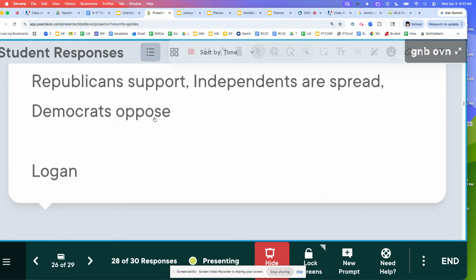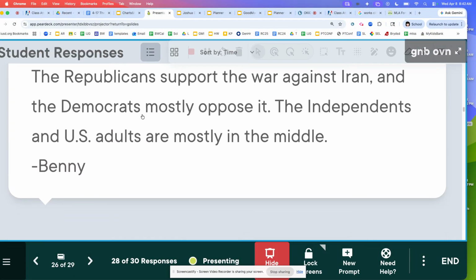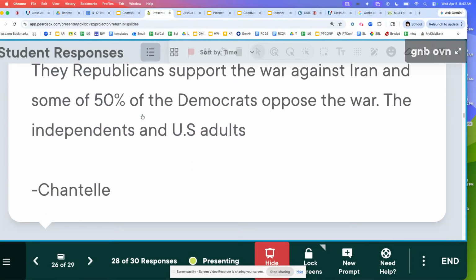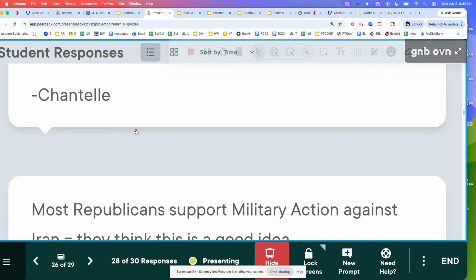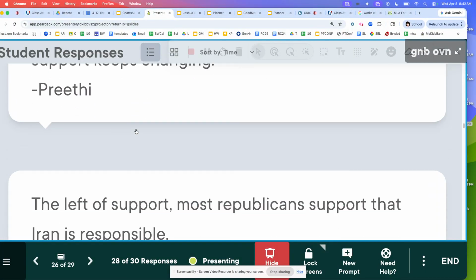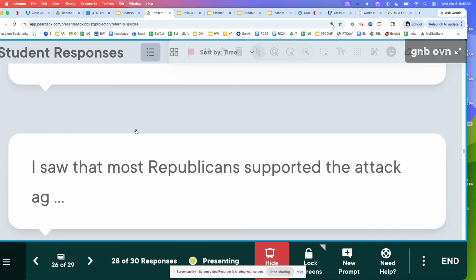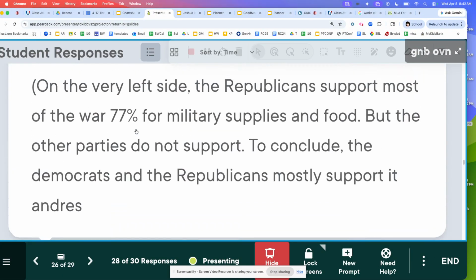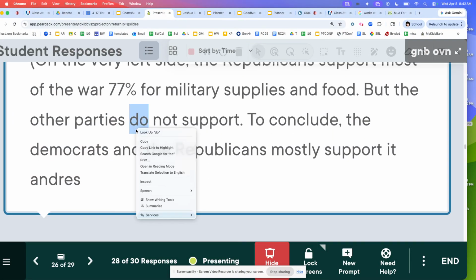This is a topic sentence, okay, Logan? I figured most of us are going to be here. Okay, better. 50%, okay, Chantal, that's your claim. The significance, I knew most of us would not get it. Okay, Andrea, Chantal, you can come get this one. This is your claim.